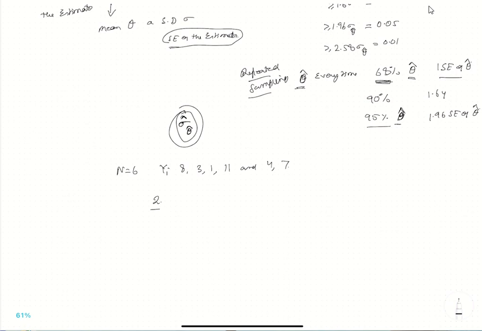Now we want to calculate the mean of the yi's and then verify that the sample mean is an unbiased estimator of the population mean y.